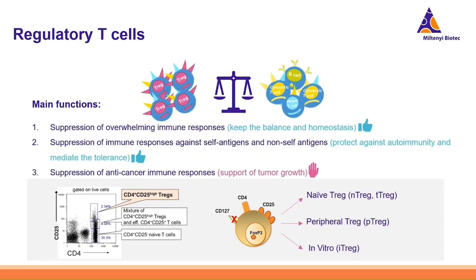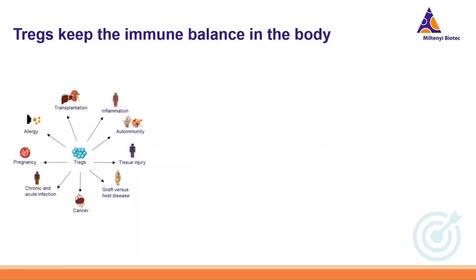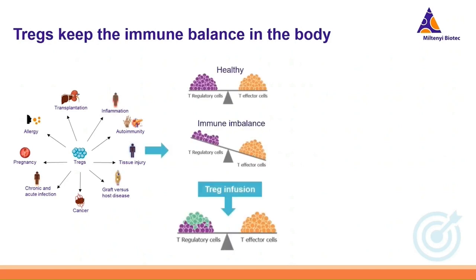So Tregs are an attractive tool in the treatment of different diseases, such as inflammation and autoimmunity. They are important in transplantation or graft versus host disease. And as I said, they also have to be considered in cancer. In the healthy body, there is a good balance between regulatory T cells and the effector T cells.